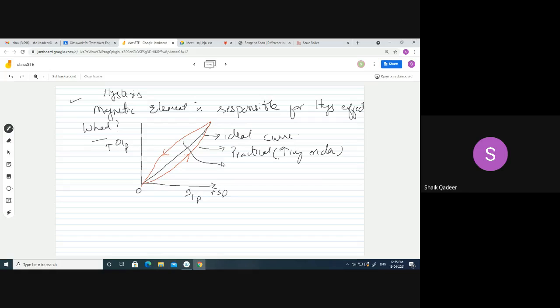And this is the practical reading in decreasing order.